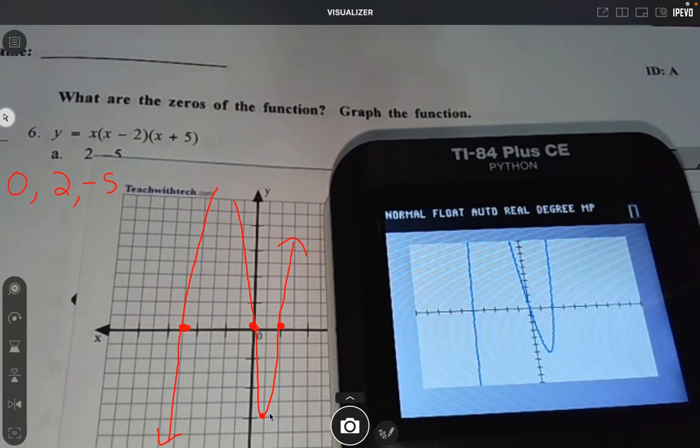But on this one, I can count, and I can see that's over 1 and down 1, 2, 3, 4, 5, 6. So I could go over 1 and down 6. That way it looks a little bit more exact. That one I can't do anything with. It's off my graph. Does that make sense, y'all? Mainly I'm going to look for these 3 points and then something close to that.